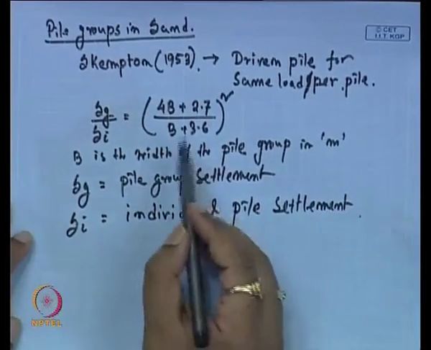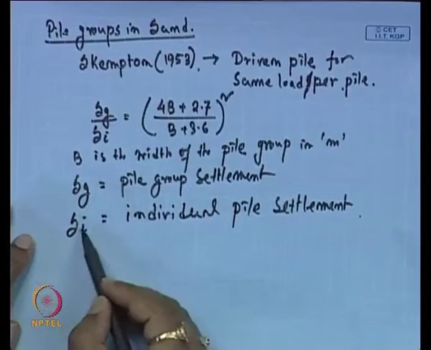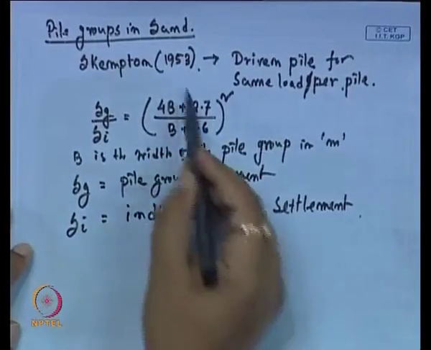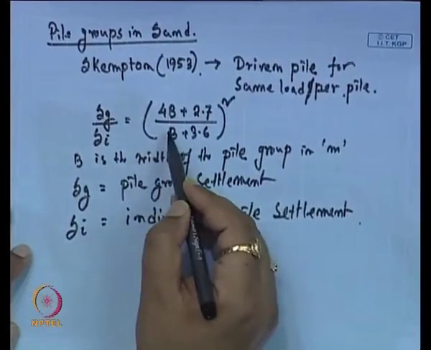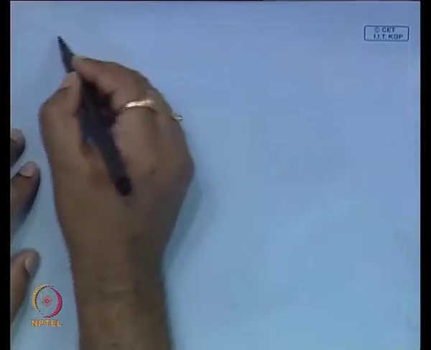Now, the advantage of this expression is that if I know the settlement of the individual pile from a single pile load test, then by using this expression we can determine the settlement of the pile group. Now, the second expression is given by Meyerhof, 1959.